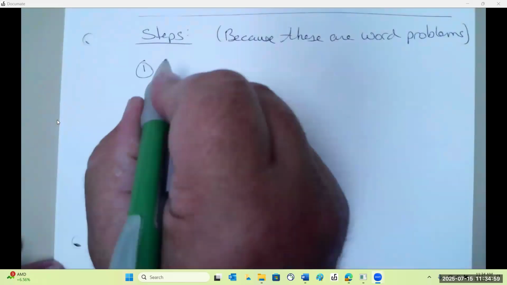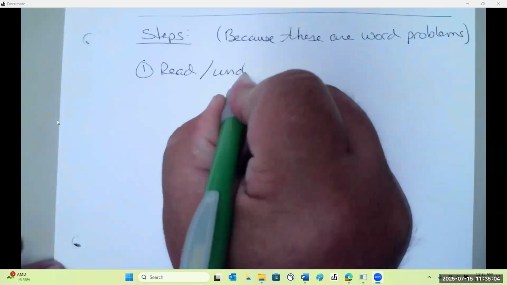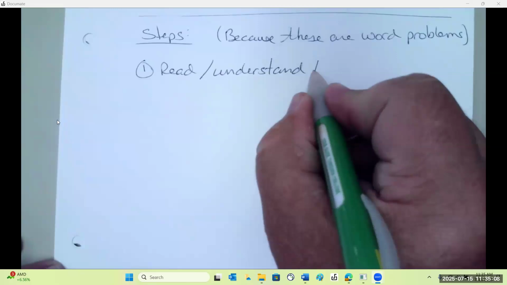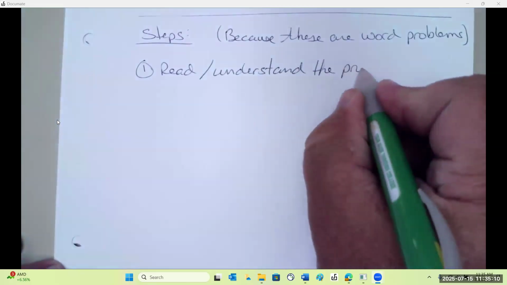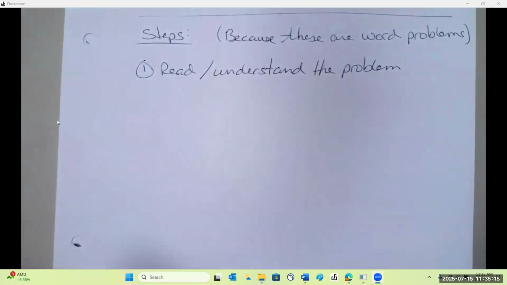So the first thing you have to do is read and understand the problem. What is it giving you? What is it asking for? I mean, what can you get out of there? Is all the material given in the sentence, in the paragraph, important? Extrapolate what you need, throw away what you don't.